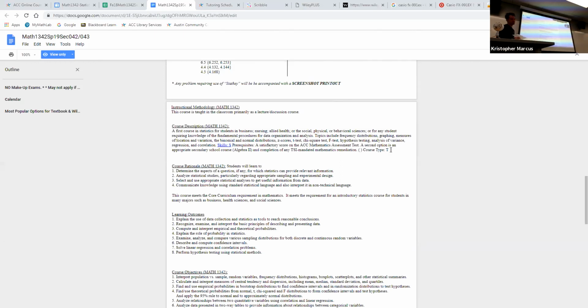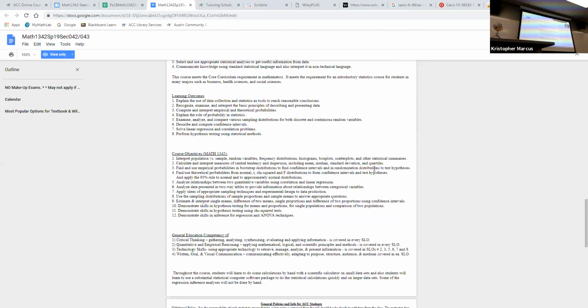SLO stands for Student Learning Objective. If you want to read this later, when they're telling you certain SLOs are supposed to be met through this, the learning objectives, or LOs, are listed right here as course objectives. That's just the way that ACC likes to state what we're going to be covering. But if you want a better feel, you can look through it in the book.